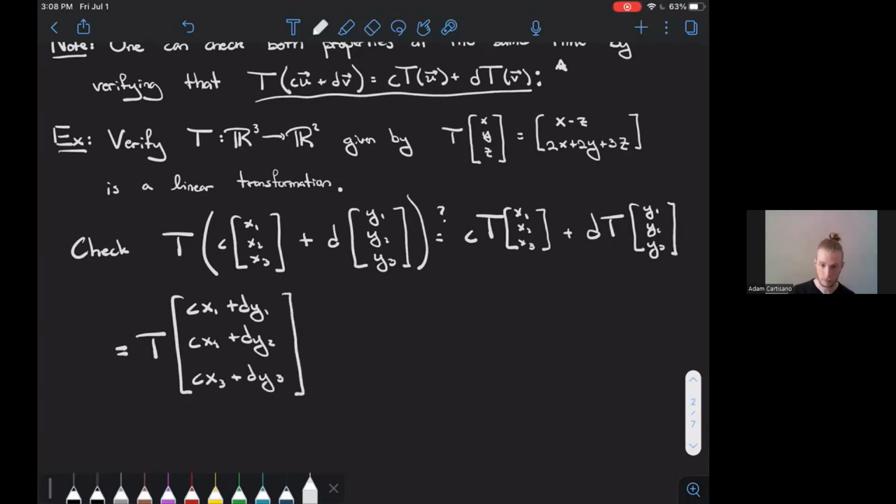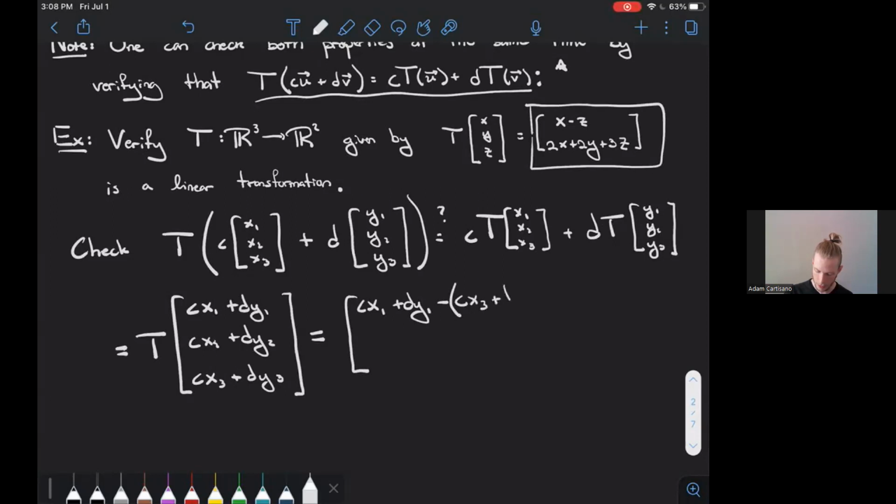Now, what is the rule? Like, what do we have to do here? This is how T was defined. Well, we have to subtract the third coordinate from the first coordinate. When we do that, we get cx1 plus dy1 minus (cx3 plus dy3).